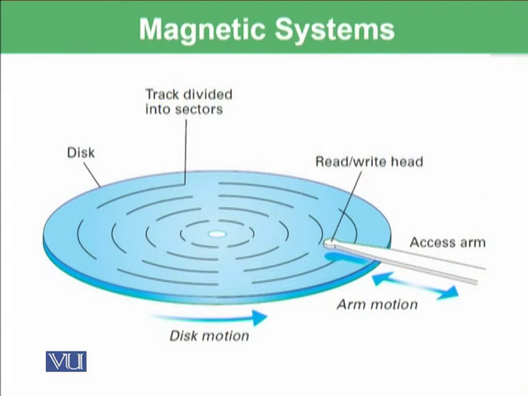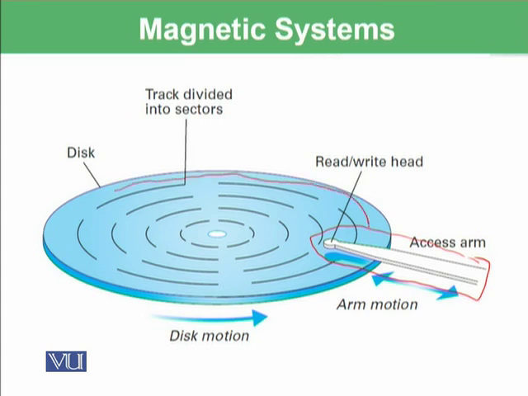So here you can see that there is a read-write head. From here the data is being read, and these are the tracks you can see. For example, from here until again going back, this is called one track. And each track, you can see, has different sectors.